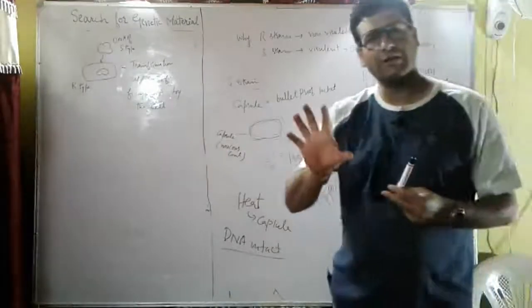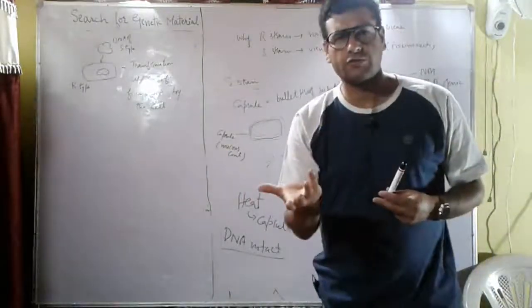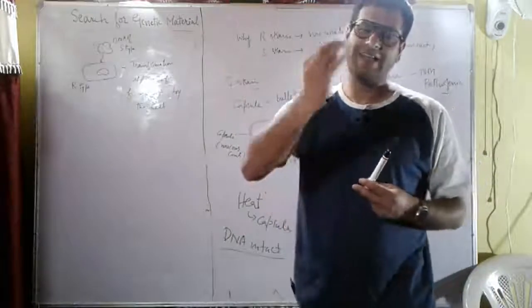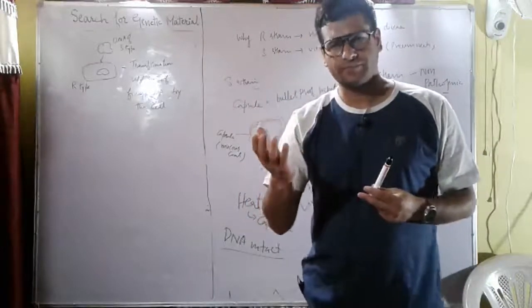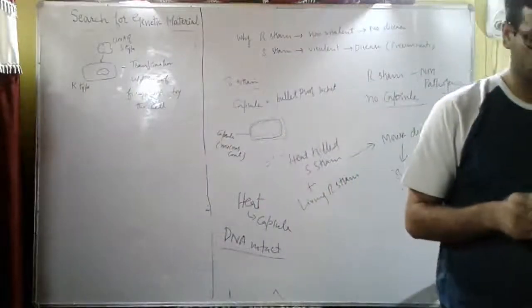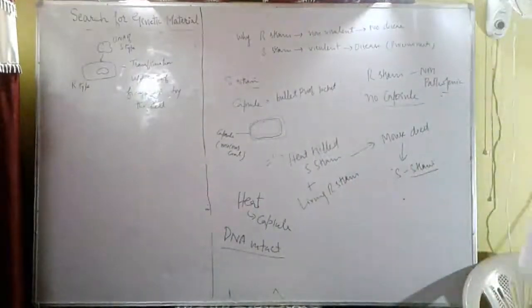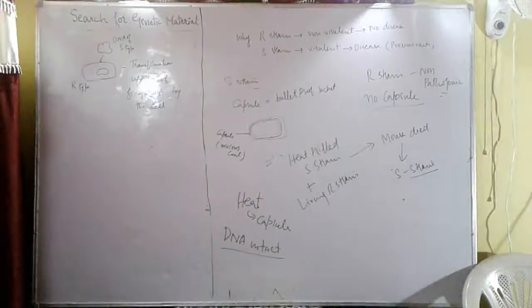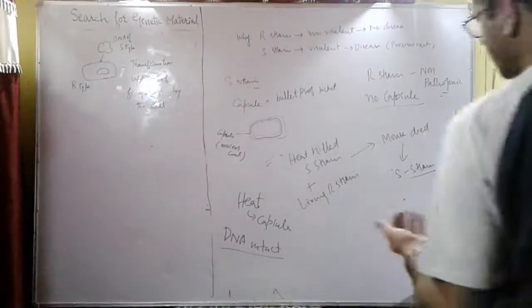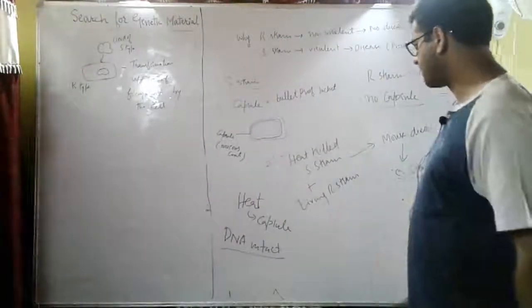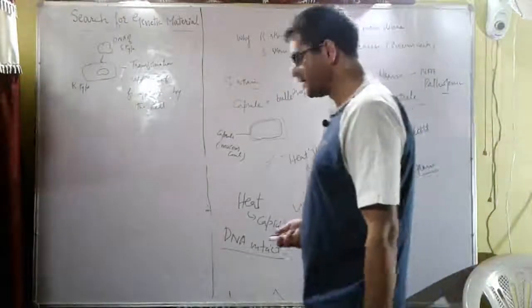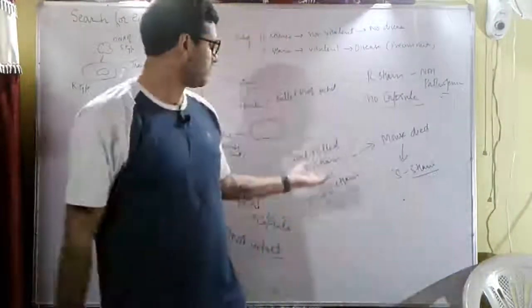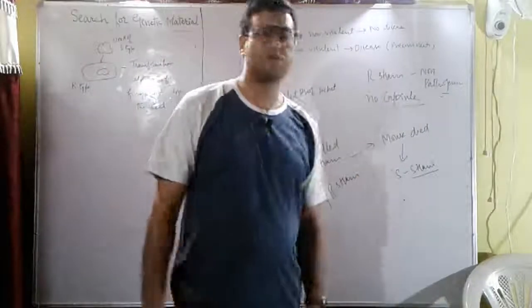As a result, the living R strain got transformed into the S strain, it caused the disease in the mouse, and ultimately the mouse died. So this was the reason why heat killed S strain and living R strain together caused the death of the mouse.